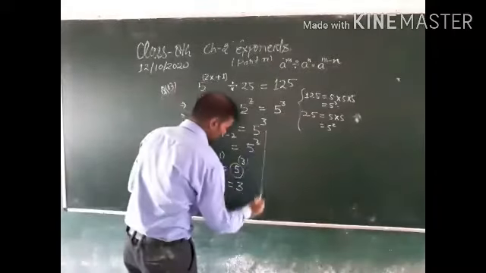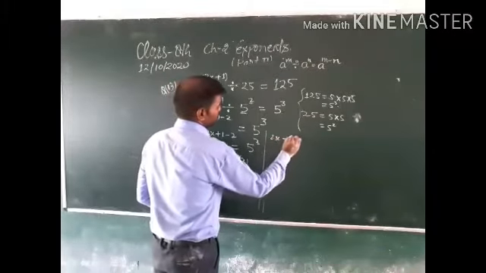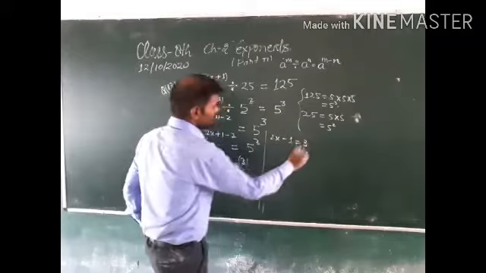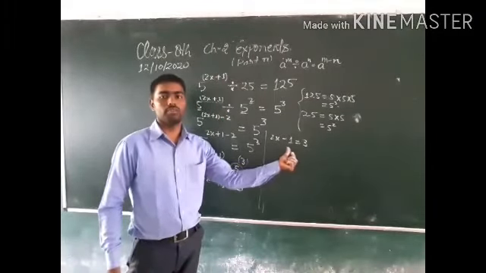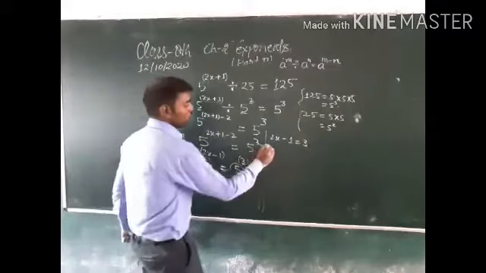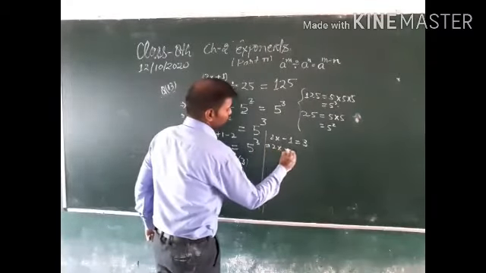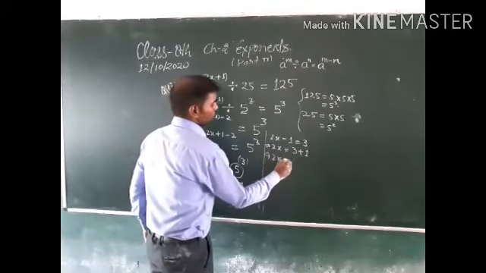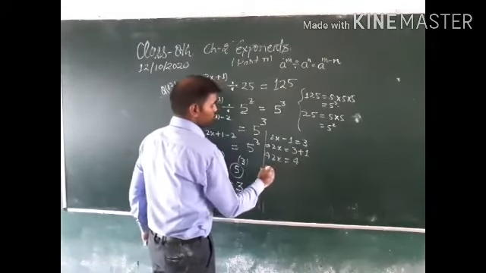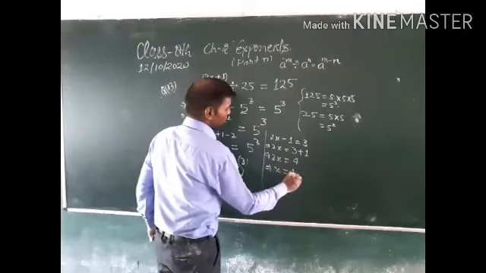Now we solve easily. 2x minus 1 is equal to 3. This is a linear equation in variable x. So the value of 2x is equal to 3 plus 1, that is 4, and x is equal to 4 by 2.